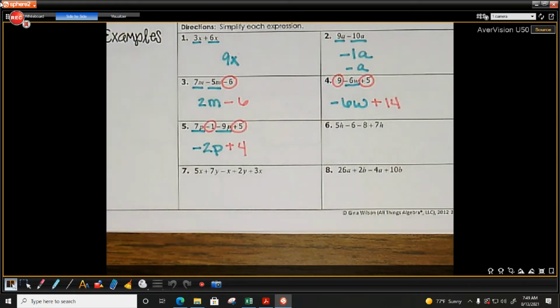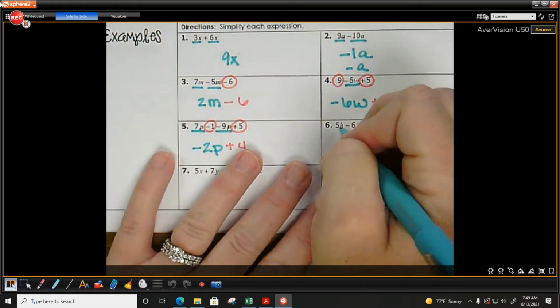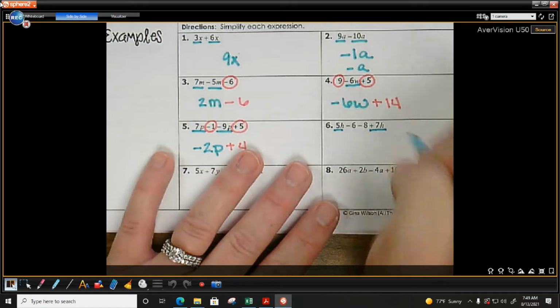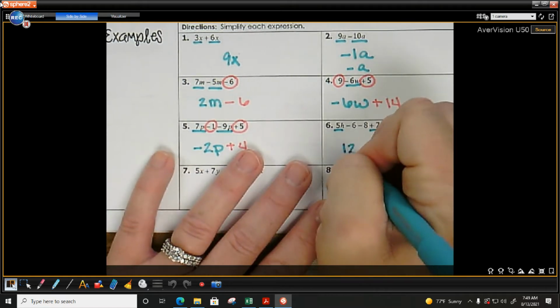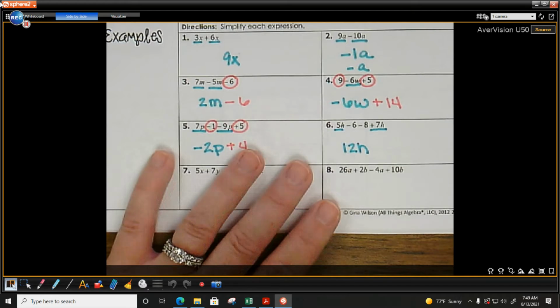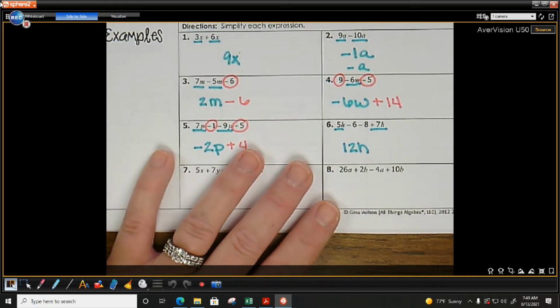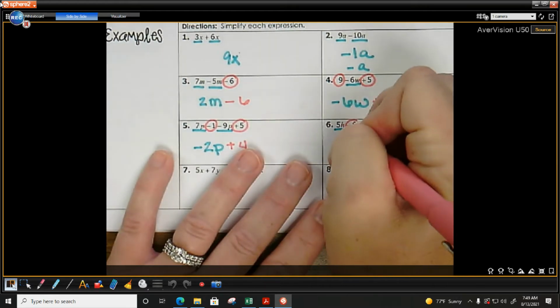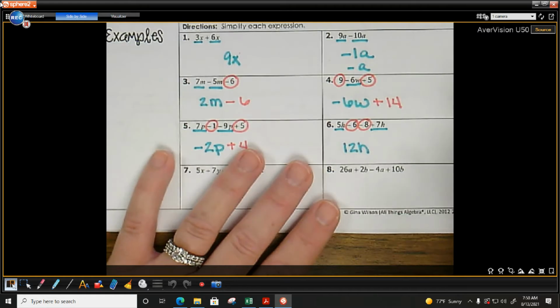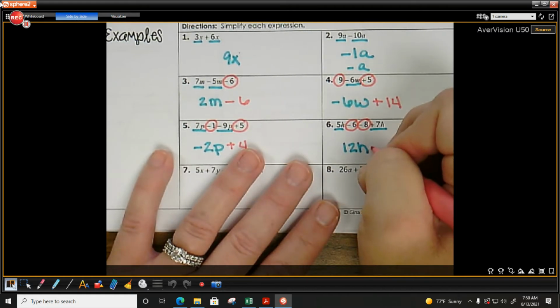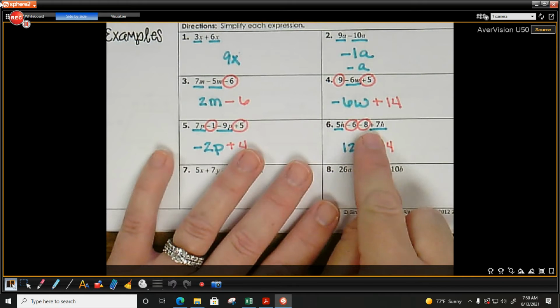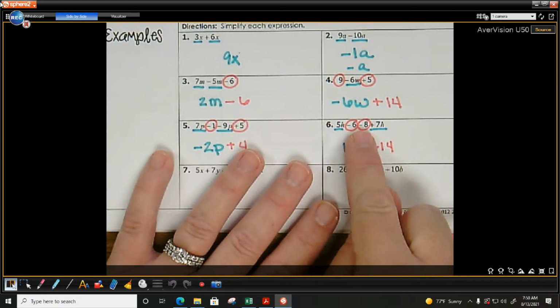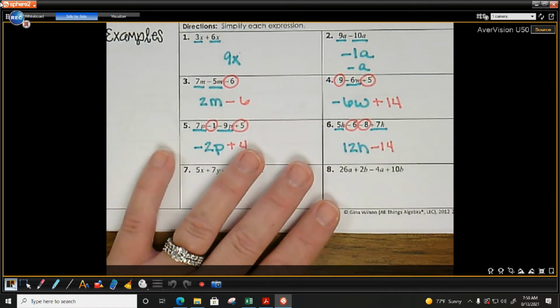Okay, what are my like terms? 5h plus 7h give you how many h's? 12 h's, very good. And then do I have other like terms? Negative 6 minus 8 is what? Negative 14. When they're the same operation sign, so they're both negative, add the numbers. So 6 plus 8 is 14, and since they're negative, it's negative 14.